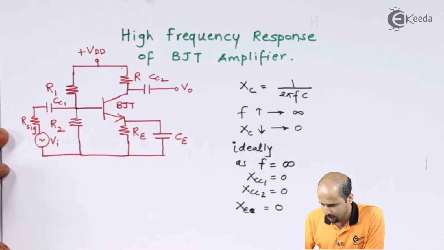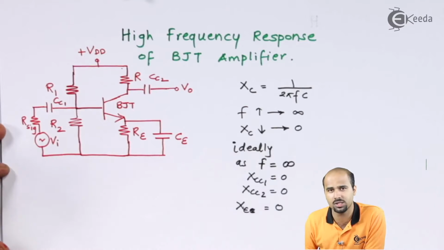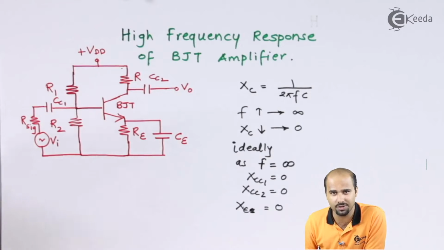That has no problem for my circuit. But there are other capacitors which are responsible for the higher frequency response, and these capacitances are the intrinsic capacitances, also called stray capacitances.